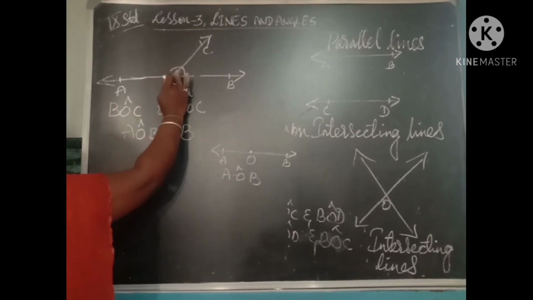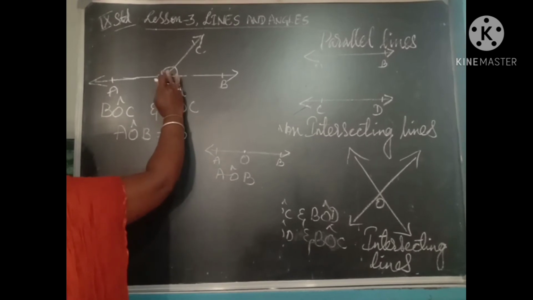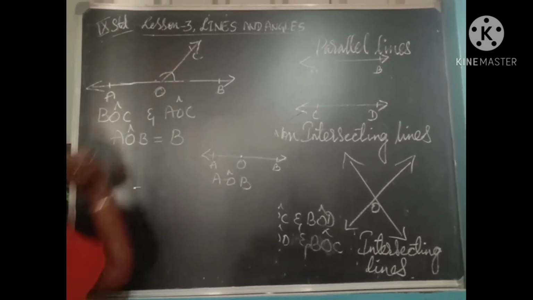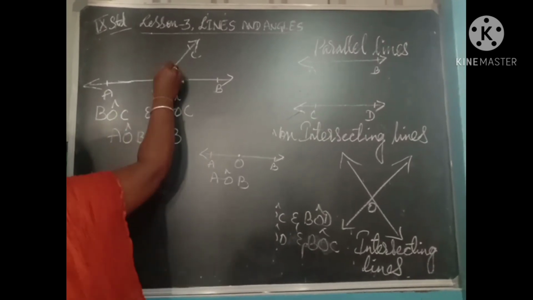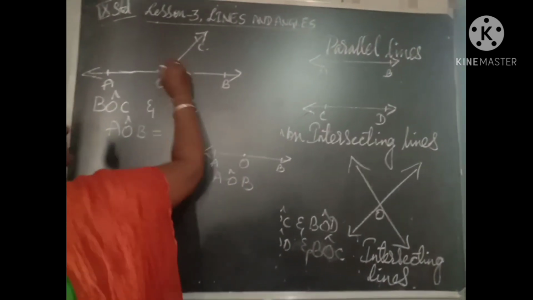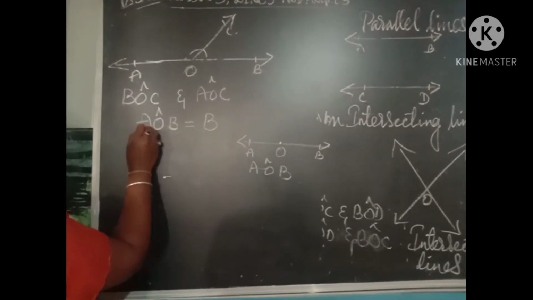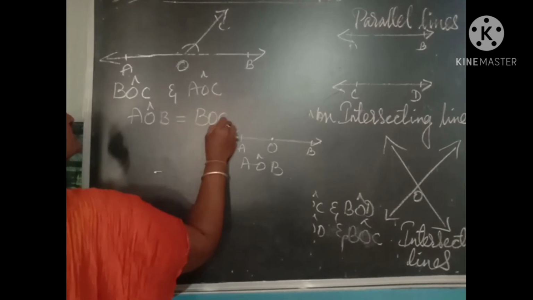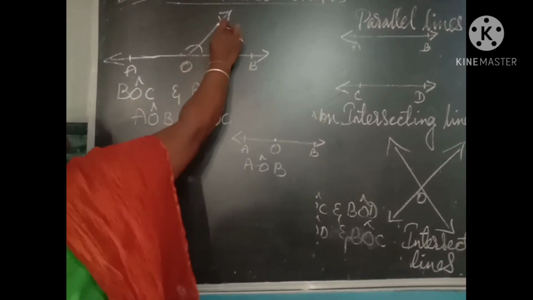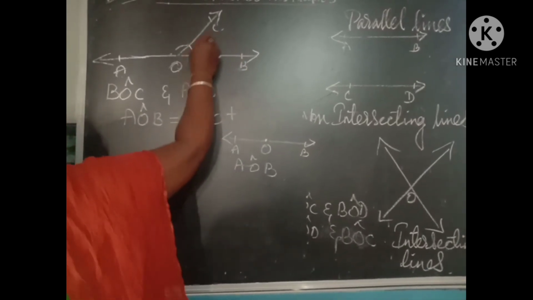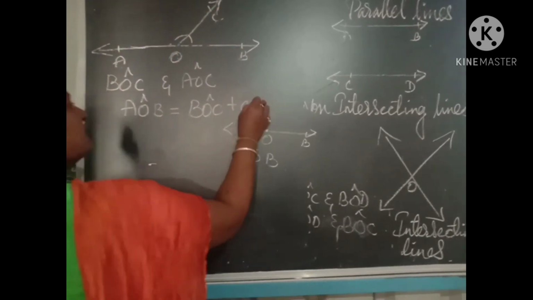Why is it called a common arm? Since it is common for these two angles. When we draw like this, angle AOB equals the sum of these two, that is angle BOC plus angle COA.